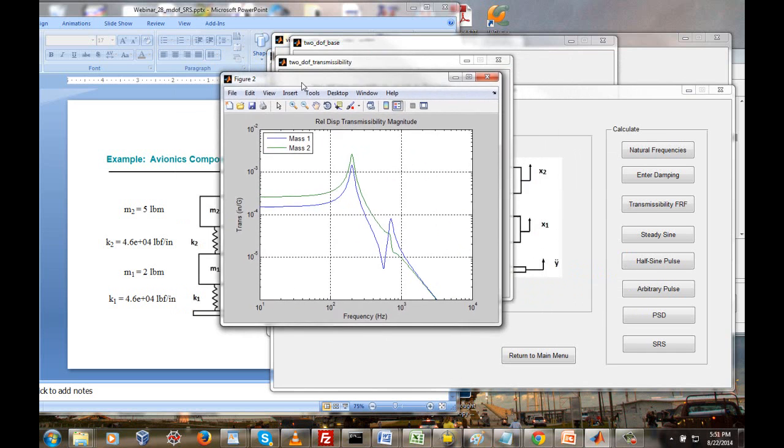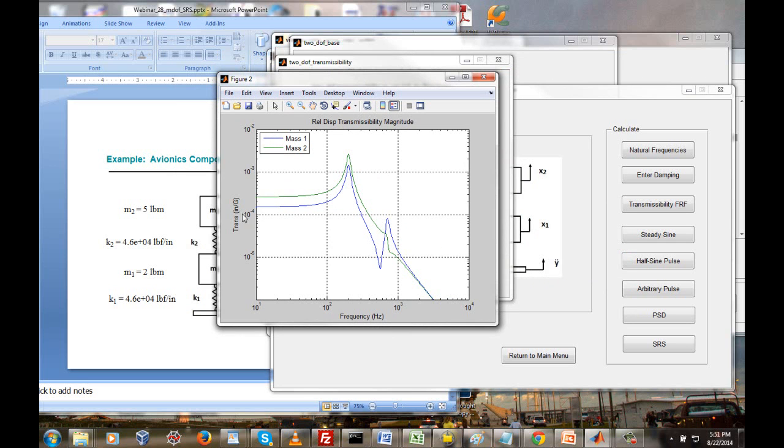Now if we go to relative displacement, this is transmissibility in inches divided by G. The inches refers to the relative displacement of either mass 1 or mass 2, and the G in the denominator refers to the base acceleration G. Again, we have a pair of spectral peaks at 200 hertz, the first mode.